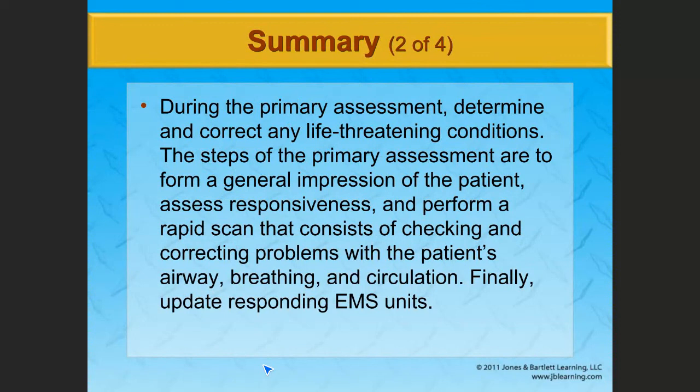The steps of the primary assessment are to form a general impression of the patient, assess responsiveness, and perform a rapid scan that consists of checking and correcting problems with the patient's airway, breathing, and circulation. Finally, based on your assessment findings and treatment, you need to update EMS personnel when they arrive to take over the patient from you.